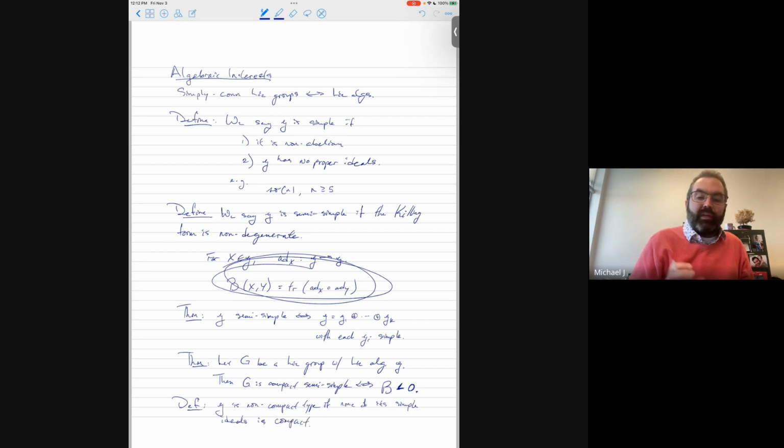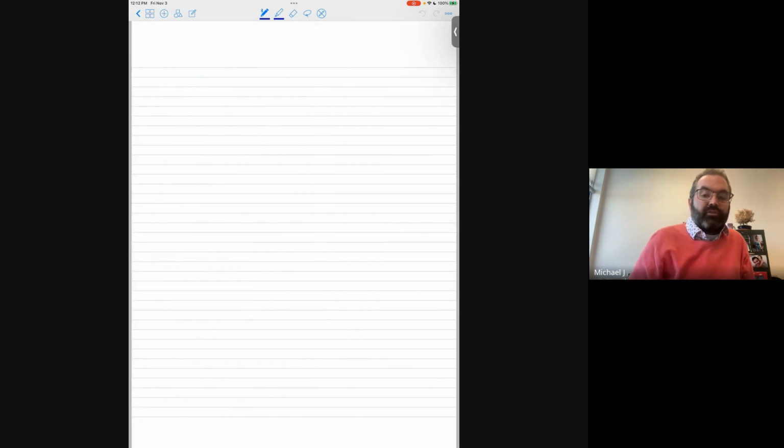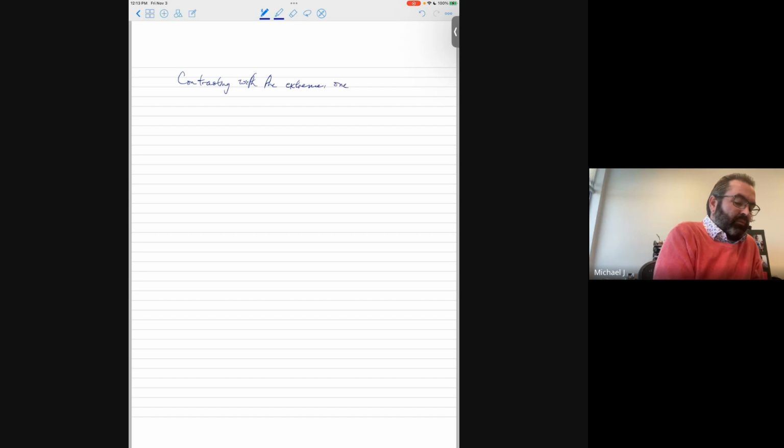And again, that's something we can detect purely at the Lie algebra level using the Killing form. So just to contrast this a little bit, just contrasting with the other extreme, one could consider nilpotent Lie algebras.